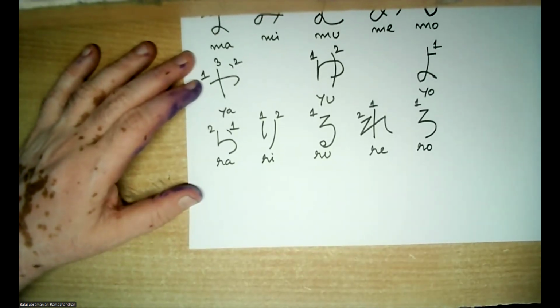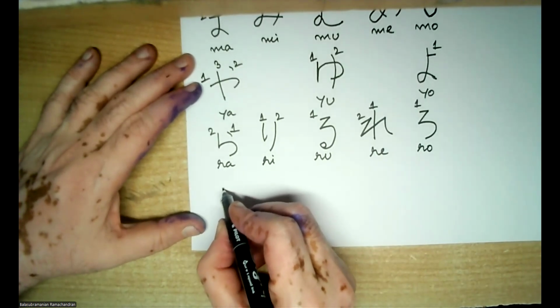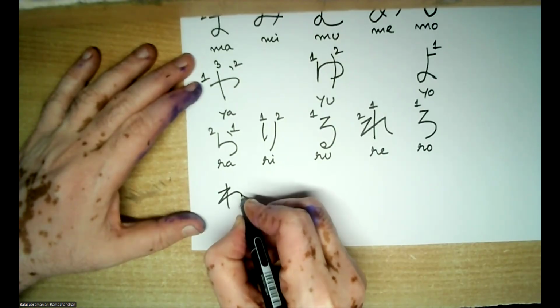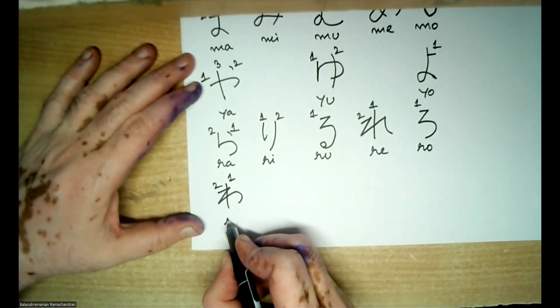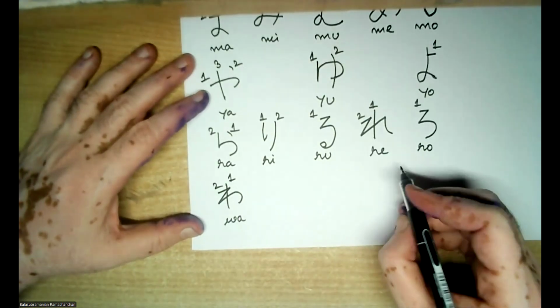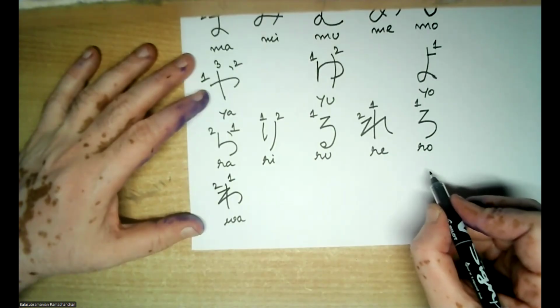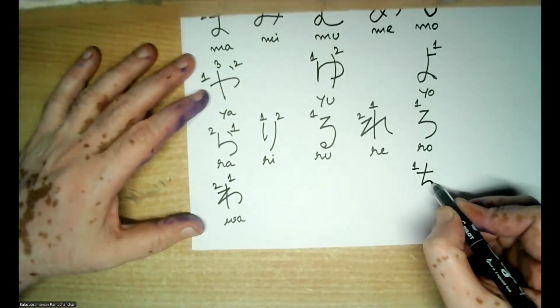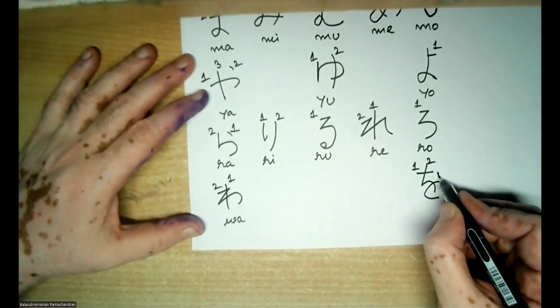First let's start with Wa, stroke one, and again a Z comes there. Stroke one, stroke two, Wa. And then you have O. It's not wo, it is o. So stroke one, stroke two, and stroke three cuts it like this.